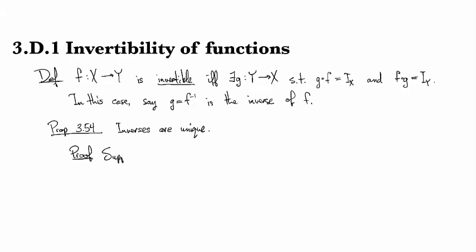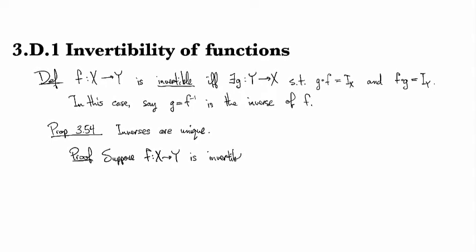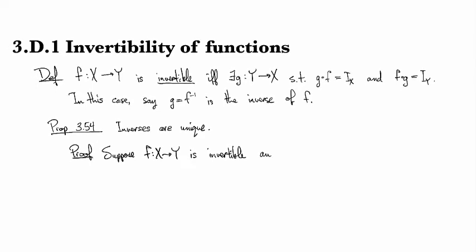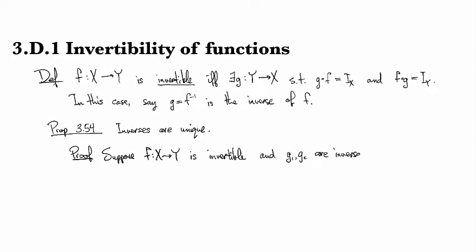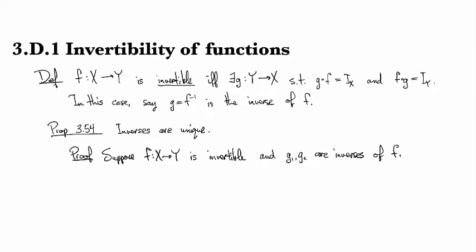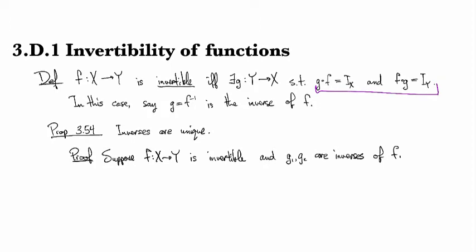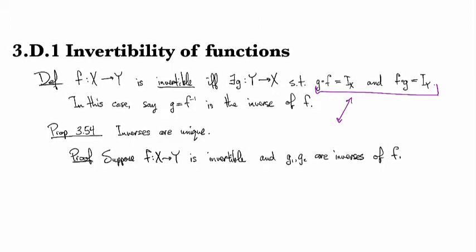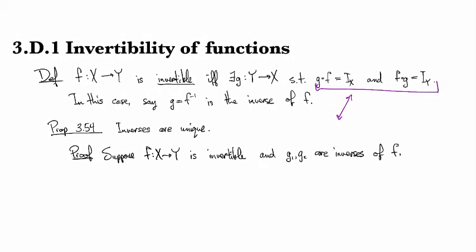So suppose that f from x to y is invertible, and that g1 and g2 are inverses of f. By that, I just mean that they satisfy these composition properties. If you compose them on either side with f, you get the appropriate identity.